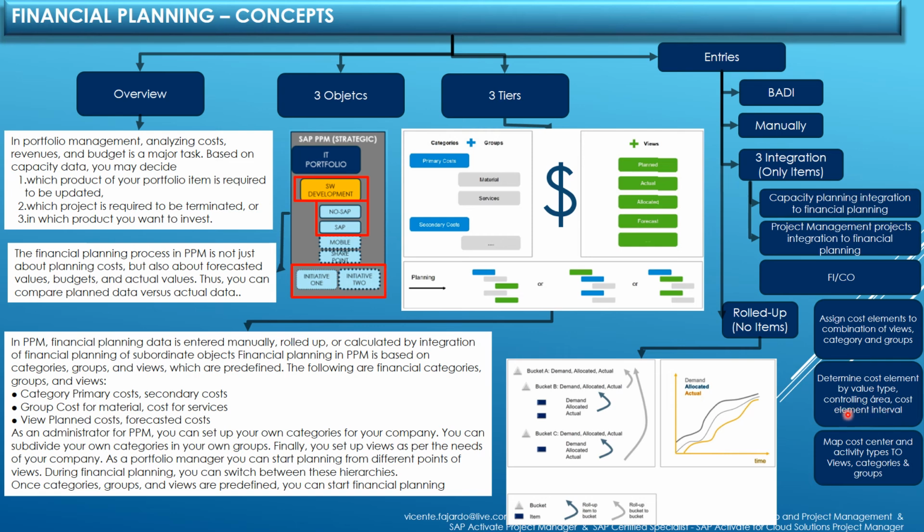And finally, we can map cost centers and activity types to views, categories, and groups. For buckets, we can use roll-up. As you can see in this figure, the value from the item can be rolled out to the bucket, and the values of a sub-bucket can be rolled up to the bucket.